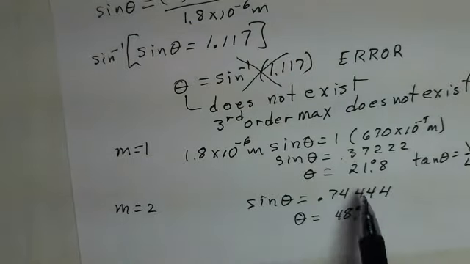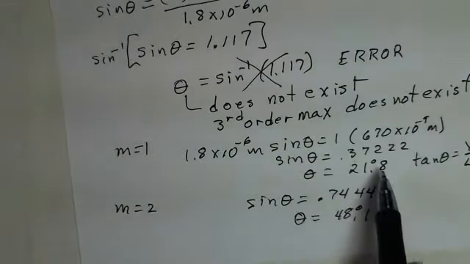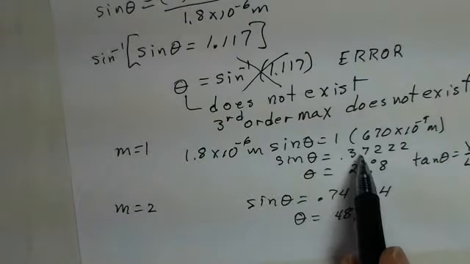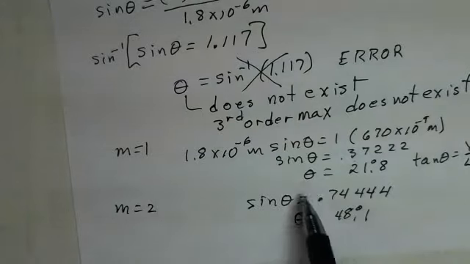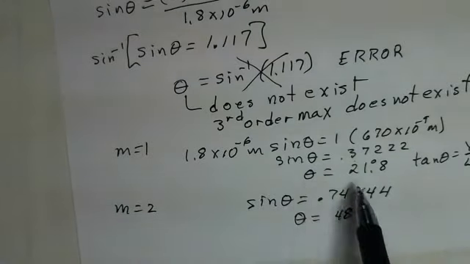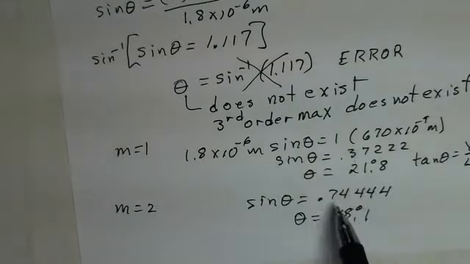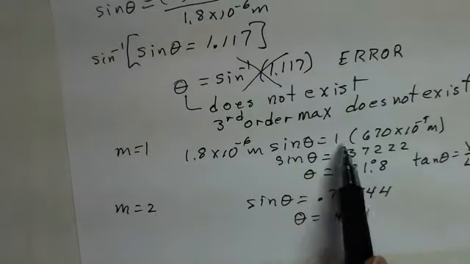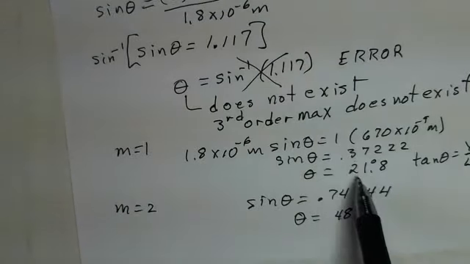Are these angles proportional? m has changed from 1 to 2. What if I double this angle? I went back to here and did a doubling and then took inverse sine. Yeah, it's another step on your calculator to take inverse sine. Why not just double the angle? The sine is not a linear function. So when m changes by a factor of 2, the angle does not change by a factor of 2.